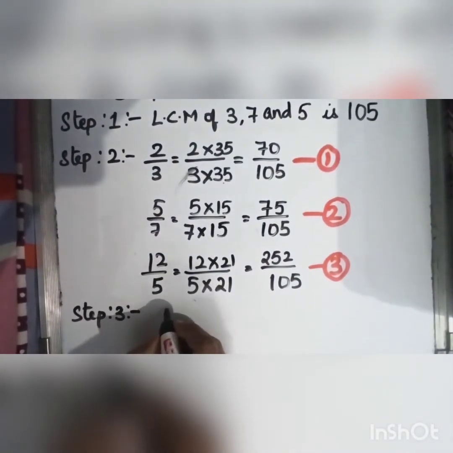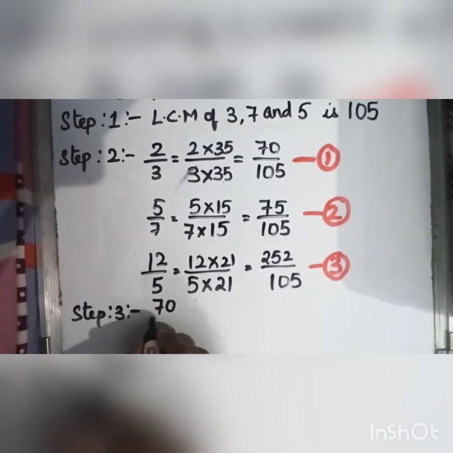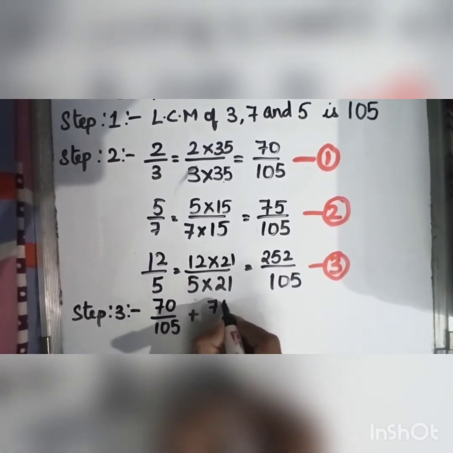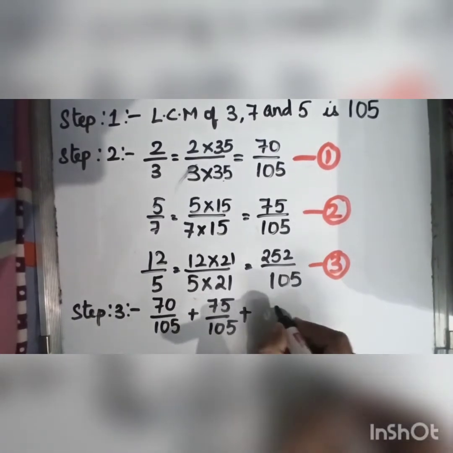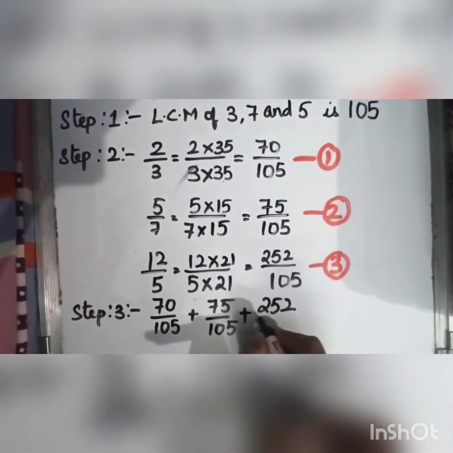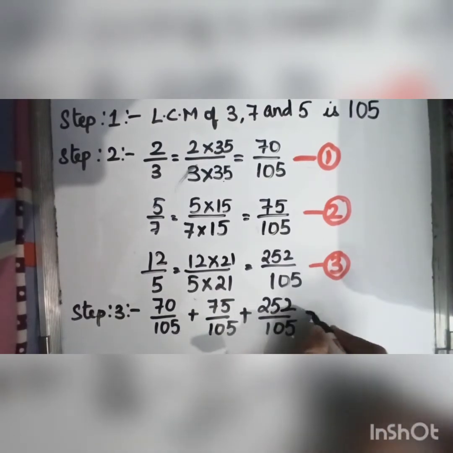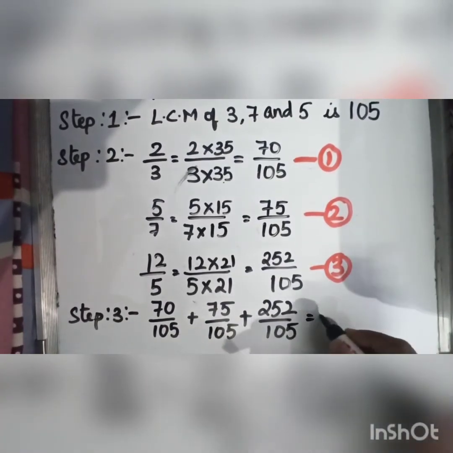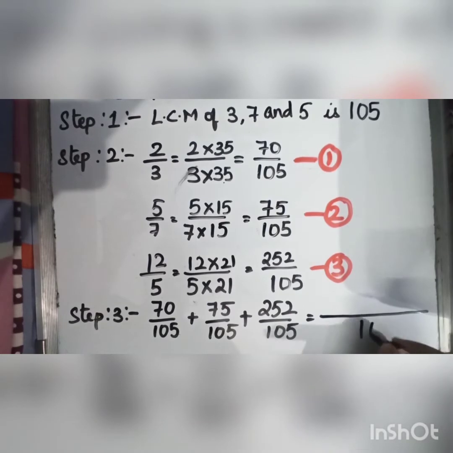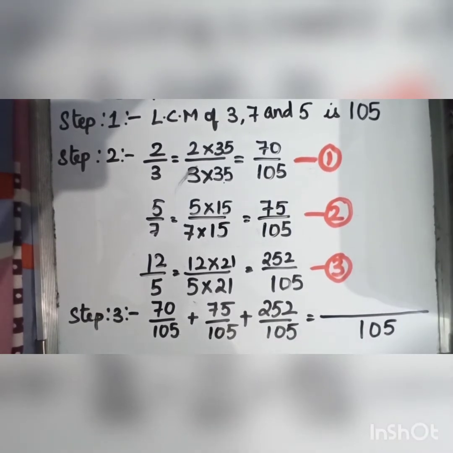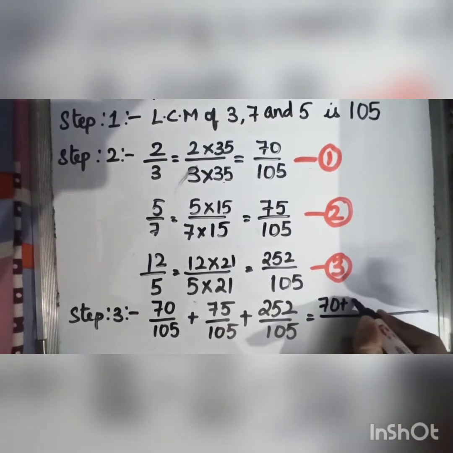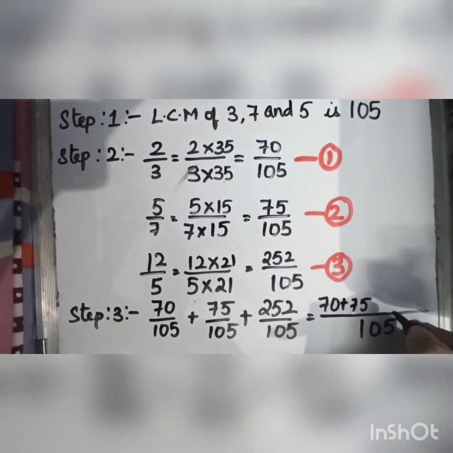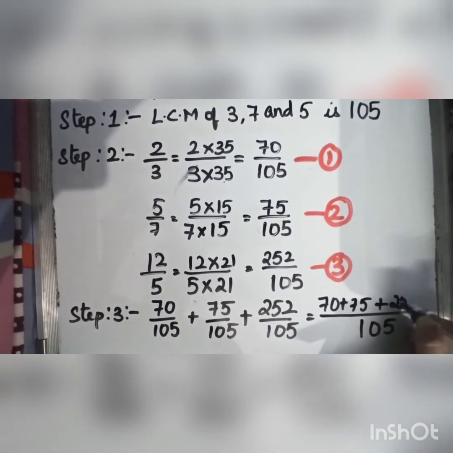Now let me add 70 by 105 plus 75 by 105 plus 252 by 105. When I have all the denominators same, I can write it like this. Take the common denominator and add the numerators, that is 70 plus 75 plus 252.